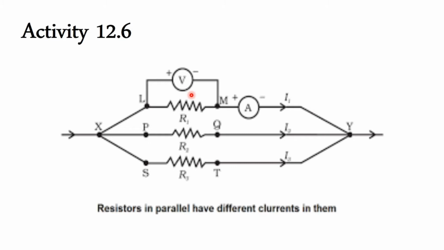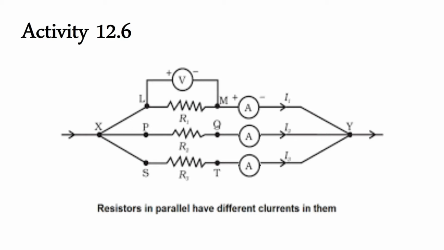But if we connect an ammeter across R1, R2 and R3, the ammeter readings will be different, because in parallel combination the current will be different but the voltmeter reading will remain the same.